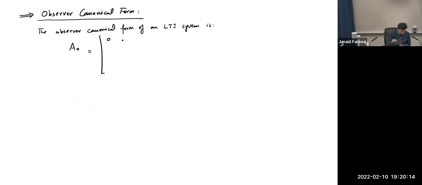It's 0, 0, all zeros, then we have minus A0, minus A1, all the way to minus A n minus 1. That's the last column. And then you have an identity here. So you will have 1, 1.